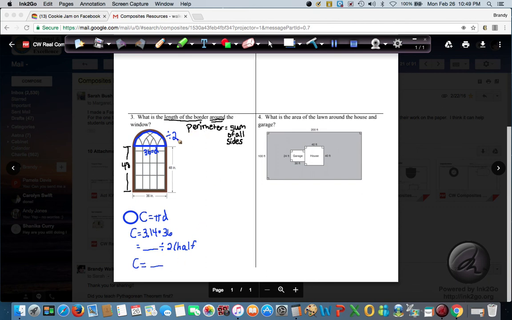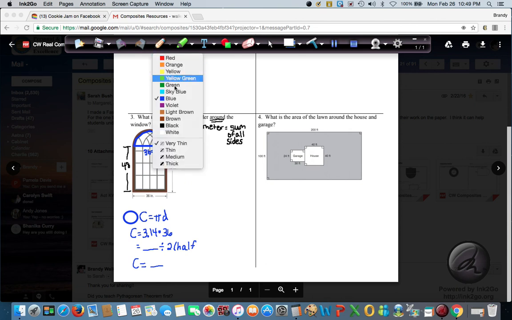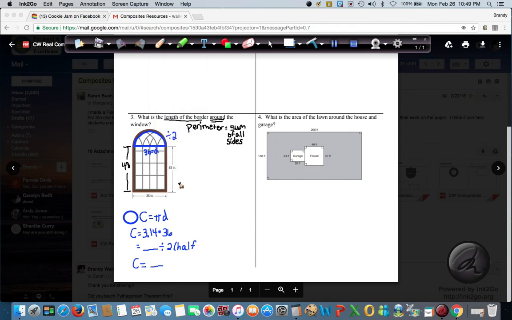So to find out the perimeter of all the sides, we simply add them up. So if I say perimeter equals, I'm going to take my sides that I'm given, so I got my 48 plus my 36 at the bottom, right, 36, plus my other 48, plus the circumference that I got from doing my formula here.